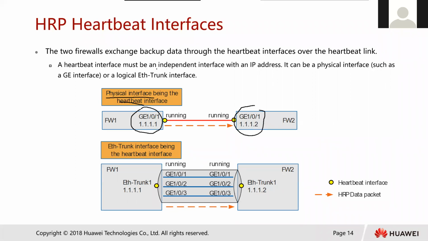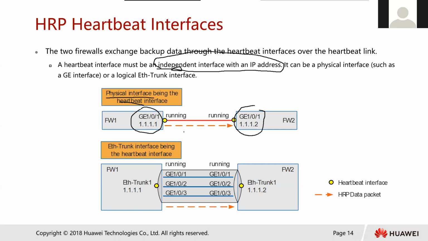The heartbeat interface must be an independent interface with an IP address. It can be a physical interface, such as a G interface, or a logical Eth-Trunk interface.